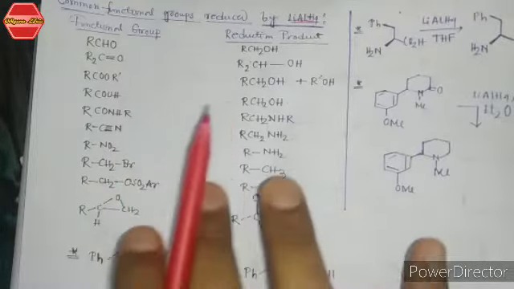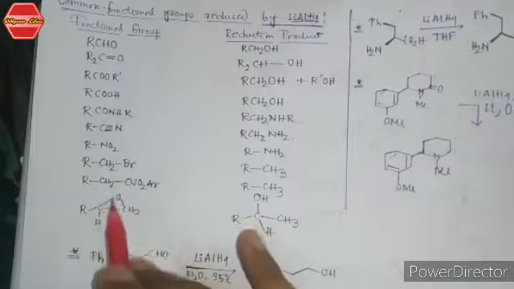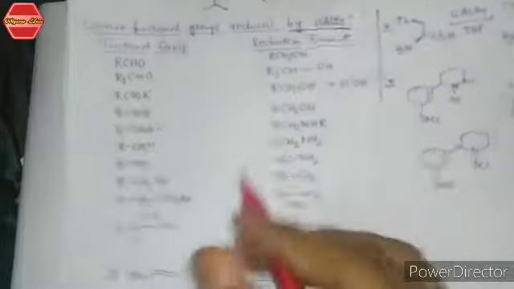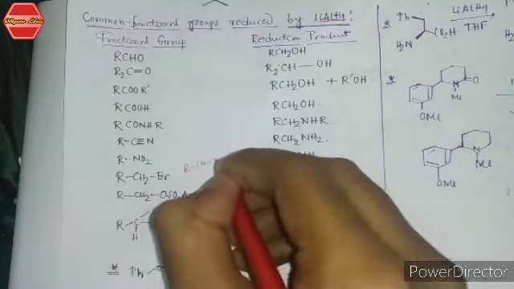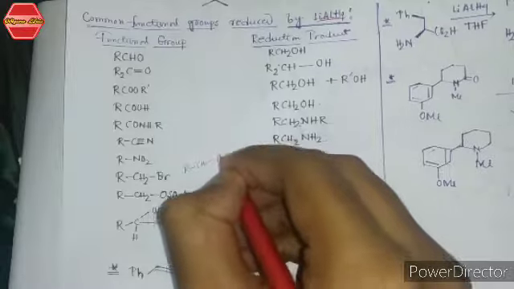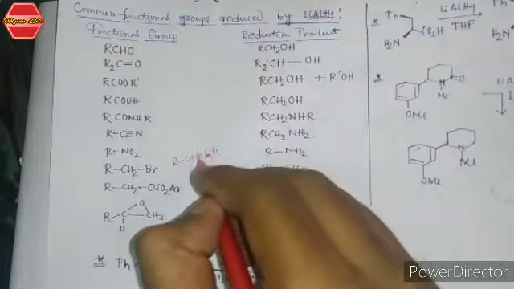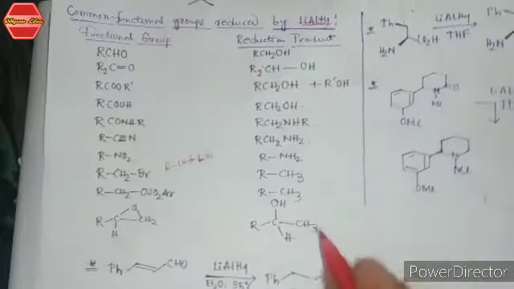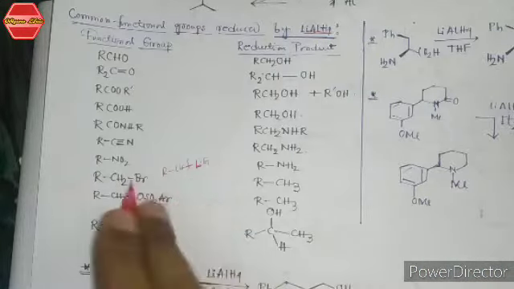Now here is an important concept. If there is any kind of leaving group, such as halides, this bond is also cleaved by this reagent, lithium aluminium hydride. It can also do this with CH2Br and CH2OSO2R, that is also a leaving group.